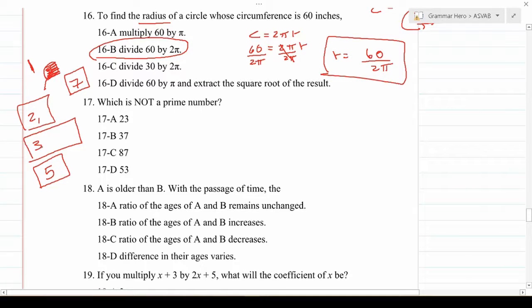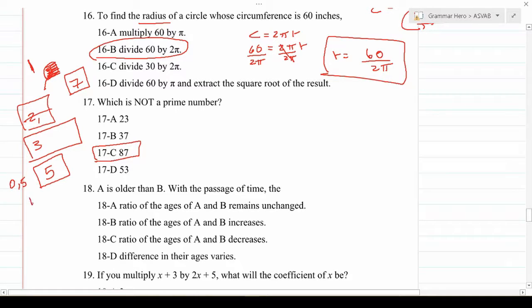Is it divisible by 3? Is it divisible by 5? And is it divisible by 7? Okay? Again, I'm going to focus in on 87 because I know it's not even, so I know 2 doesn't go into it. What's more, the way you know if something's divisible by 5 is if it ends in a 0 or a 5.